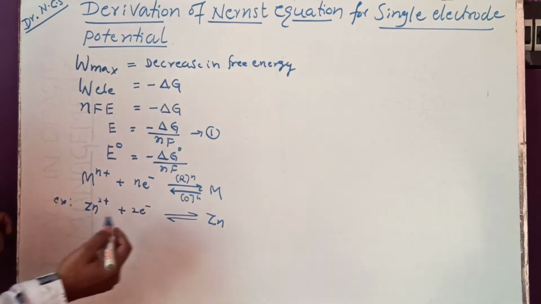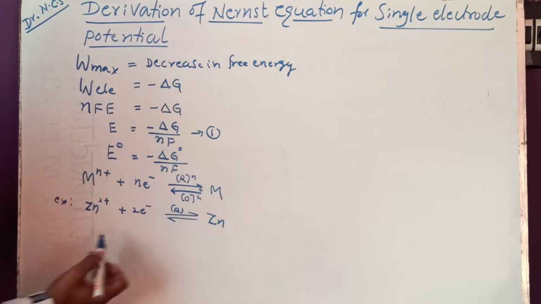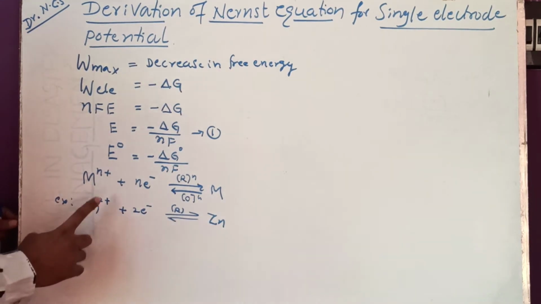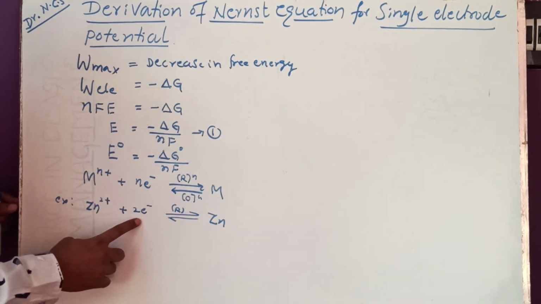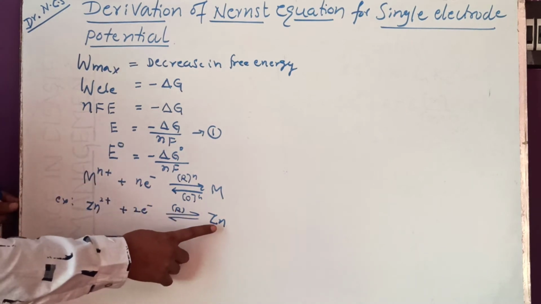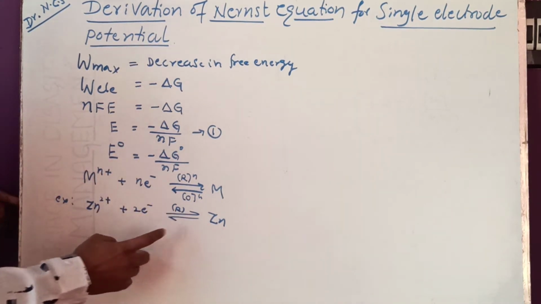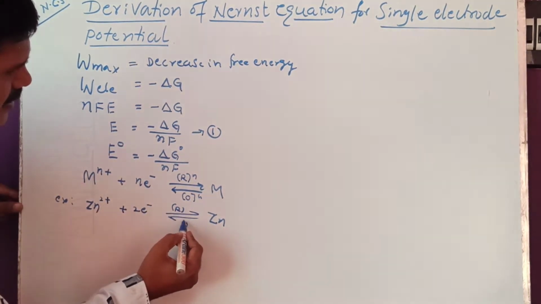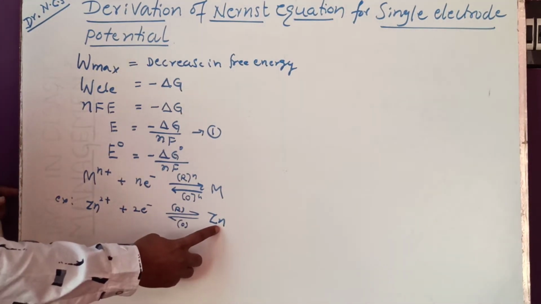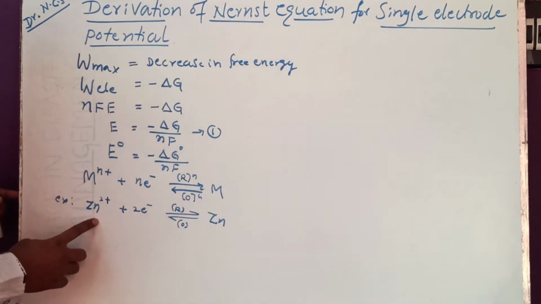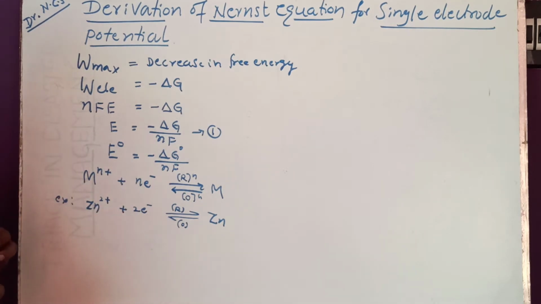The forward reaction is the reduction reaction. So that is, zinc ions accept 2 electrons and are reduced to zinc atoms. The backward reaction is oxidation reaction. Zinc atoms undergo oxidation and release zinc ions and electrons.